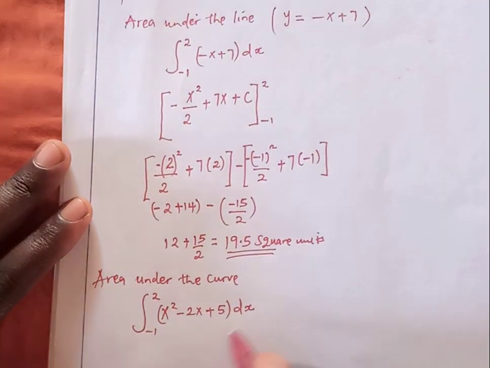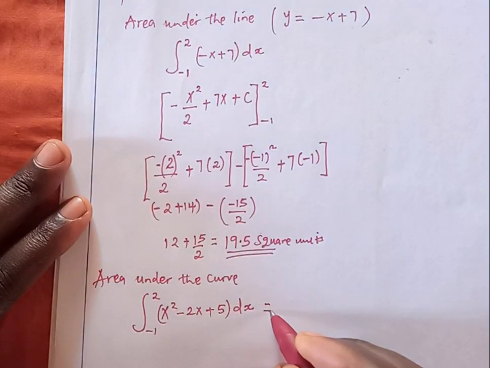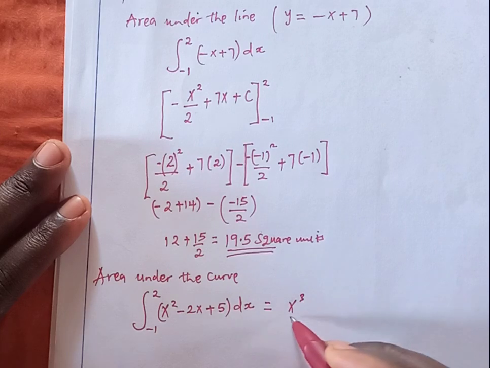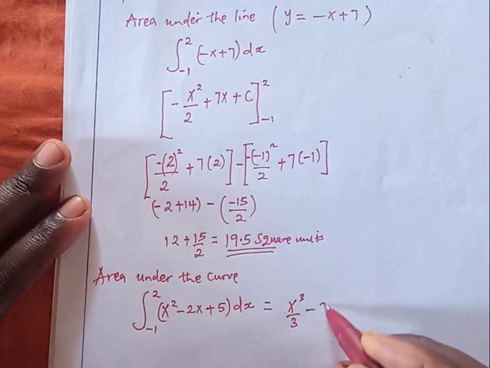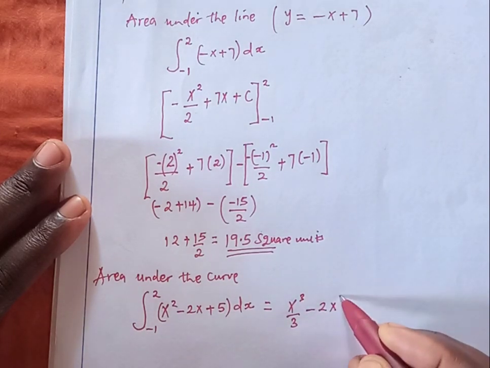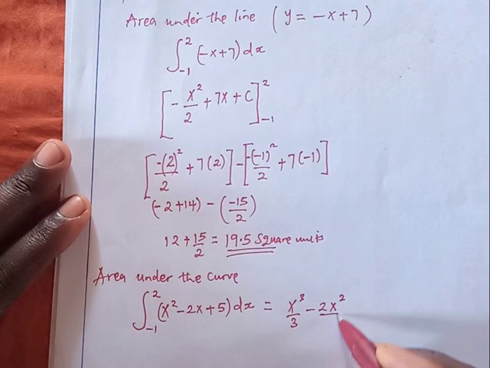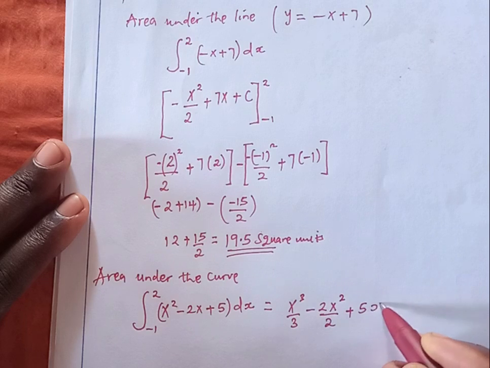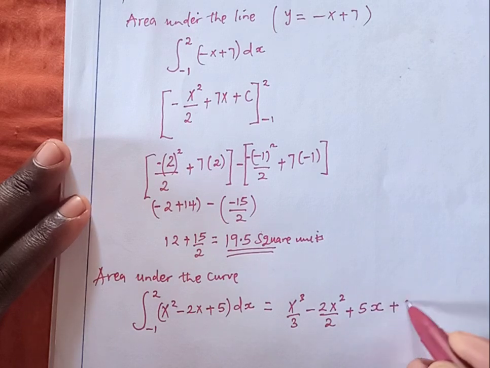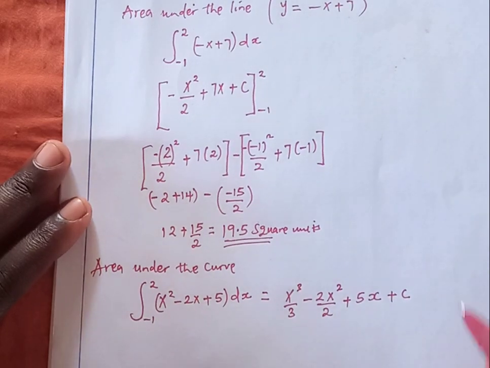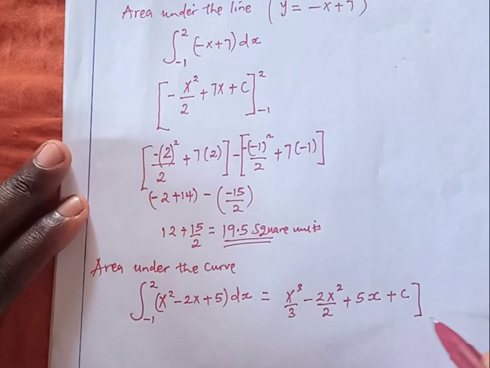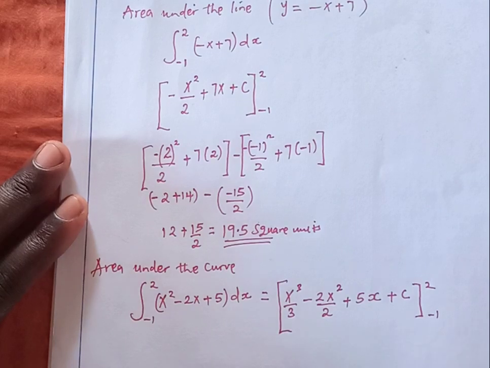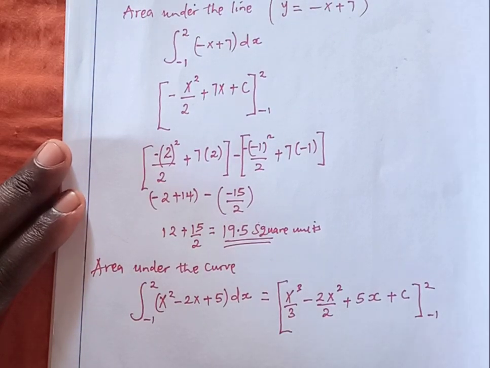If you integrate this, you are going to get x raised to power 3 divided by 3, minus 2x raised to power 2 divided by 2, then plus 5x, plus c. Now you integrate from negative 1 to positive 2.